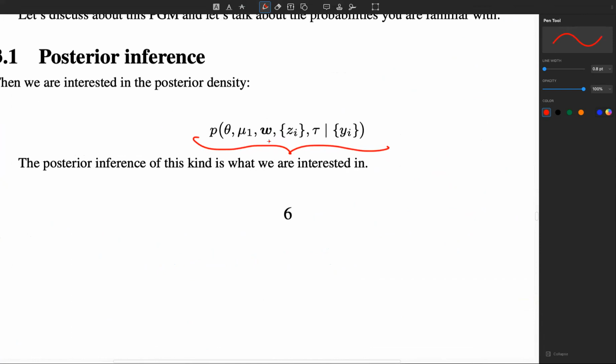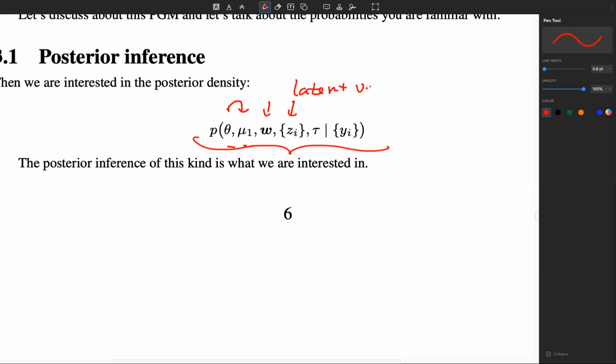Because these are all random variables, we need to work out the posterior distribution of all your parameters. There is no clear definition of what is a parameter and what is a latent variable, sometimes it's quite blurred. But typically, the membership indicators are the latent variables.